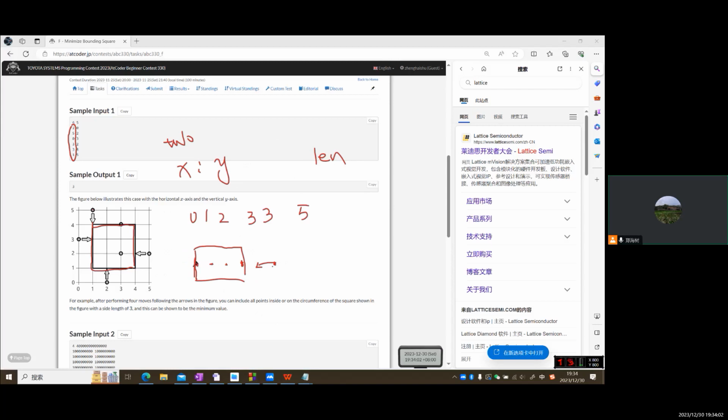Now we don't need to move the left points. We only need to move the right point two steps. So in the horizontal direction, we move the steps of 5 minus 0 minus length. Here the length is 3.